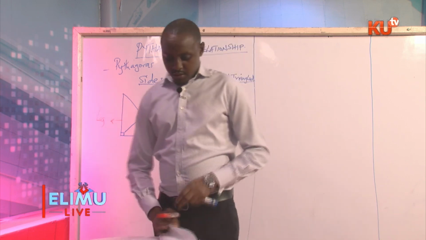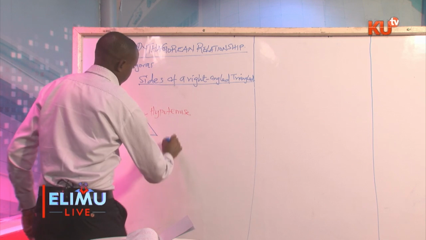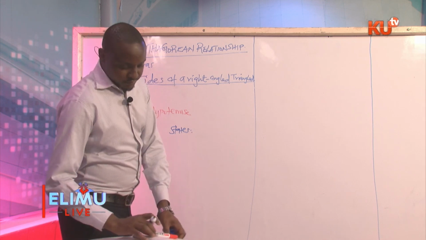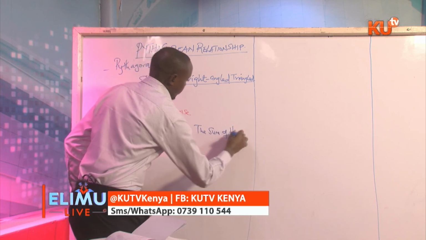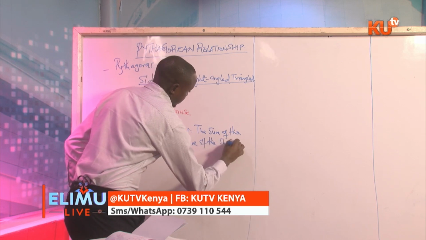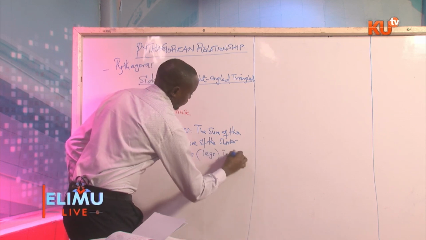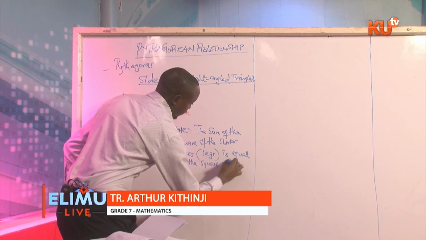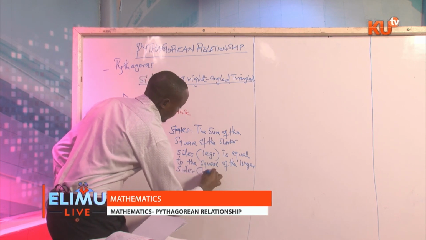Now, the Pythagorean relationship states that the sum of the square of the shorter sides, which we are calling the legs, is equal to the square of the longer side, which we are calling the hypotenuse.